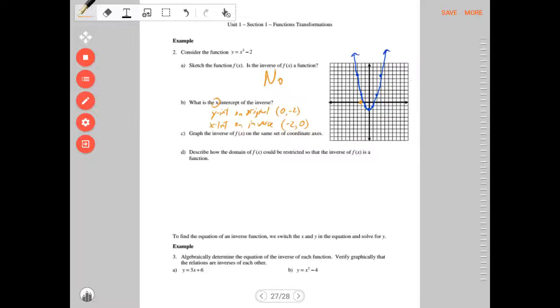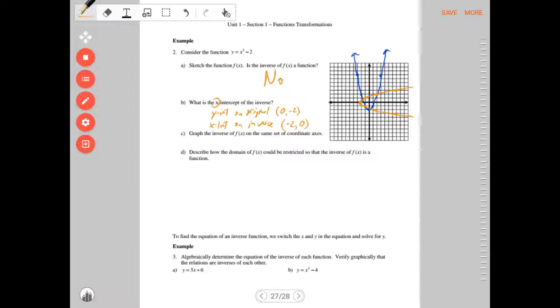So up and down 1, so there and there. Up another one, over 3. Up another one, over 5. So that's again a pretty accurate graph of the inverse. It looks like that. Great.